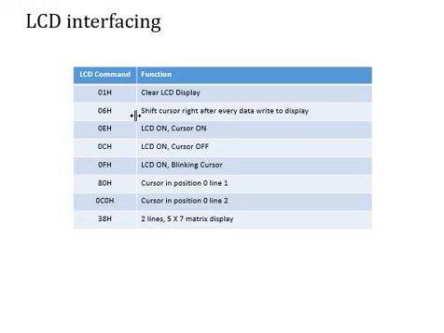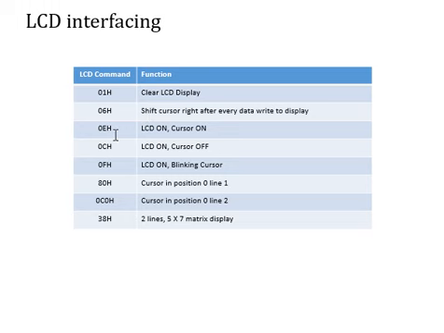There are different commands. Each command has a different function. For example, if we send the value 01 hex, it indicates clear LCD display. If we send 06 hex, it indicates that we are shifting the cursor towards right after every data write to display.